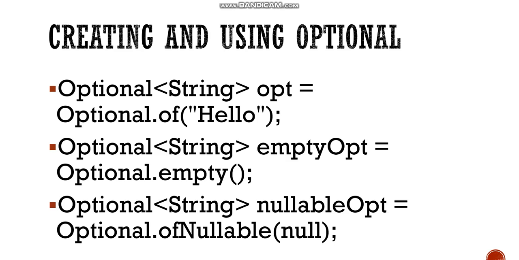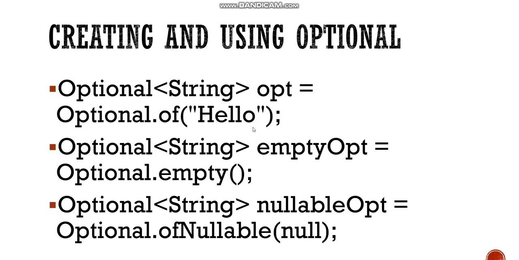Creating and using Optional. Suppose you are new to Optional, as I mentioned earlier, you can use this class by using these methods. It has many methods, but some of them I have shown here, like Optional.of("hello"). Hello is of string data type, and it gives the Optional value as opt. Then when we print it, it will give Optional[hello].